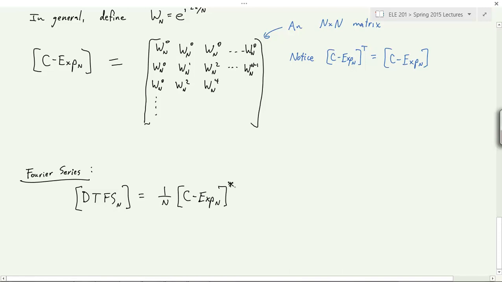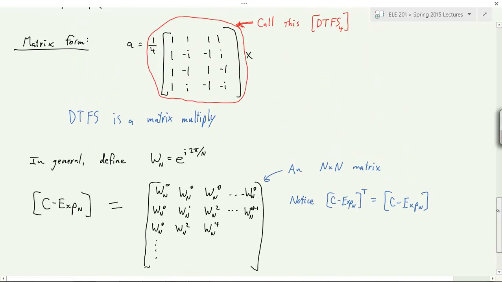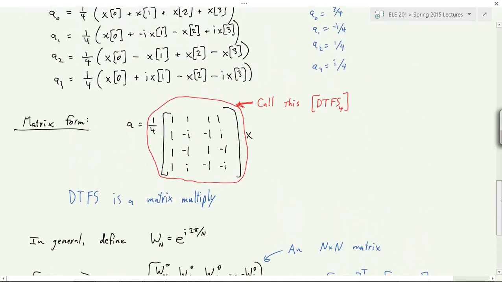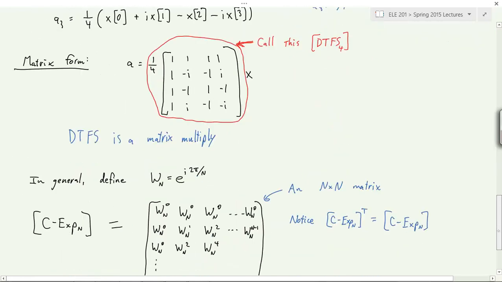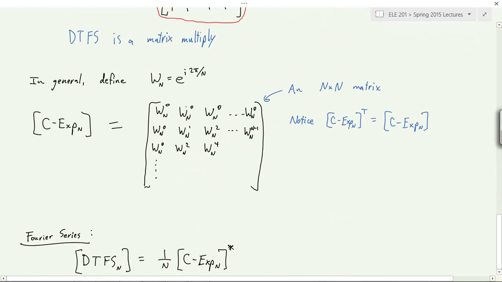Because if you look at the formula that we got everything from, there's a negative in the exponent. If from that formula we define the matrix, it would have negatives everywhere in the exponent. We get the negatives by putting a conjugate. So this is the discrete time Fourier series.